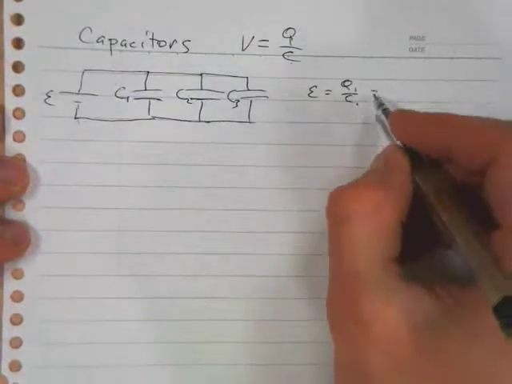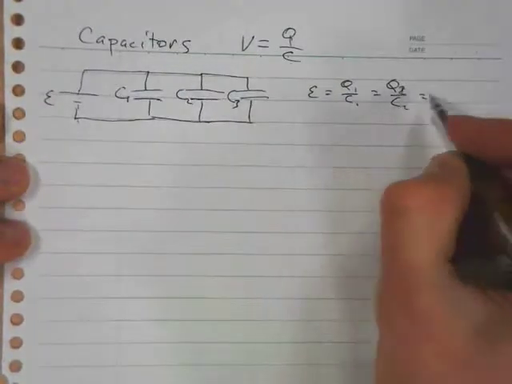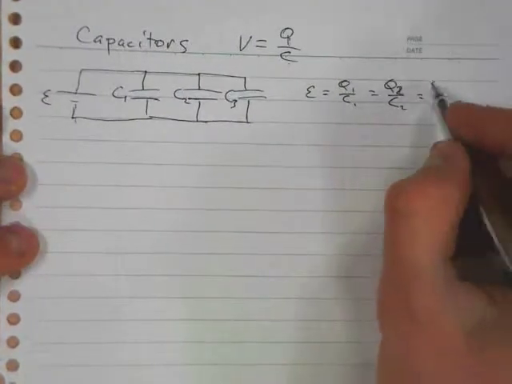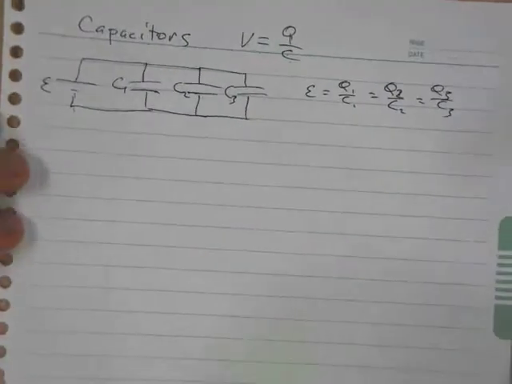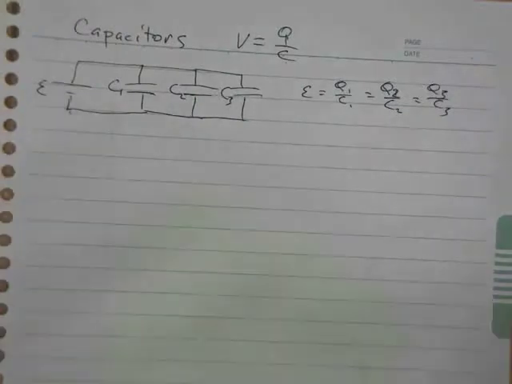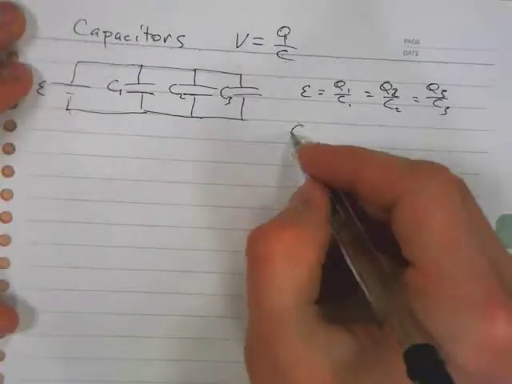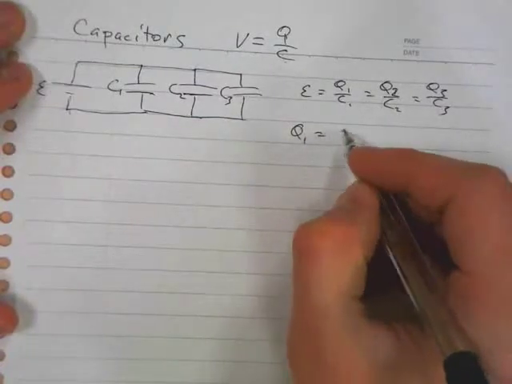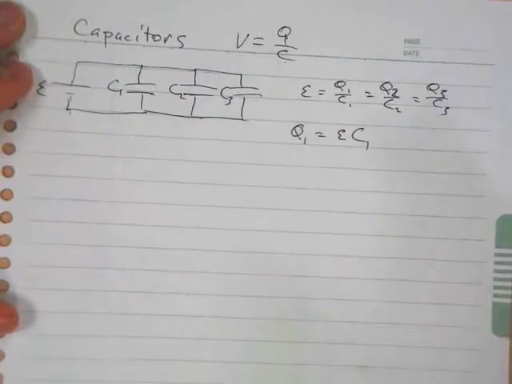So we can say this: Q1 over C1 equals Q2 over C2, which is equal to Q3 over C3. All right. So if we consider the charge on each capacitor, we can rearrange this and say that Q1 equals the EMF of the battery times C1 and so forth.